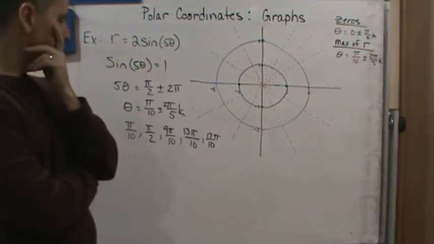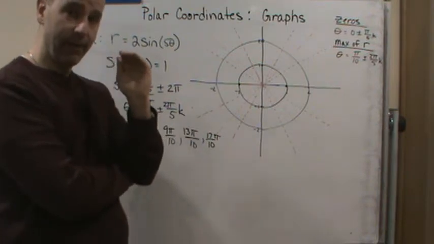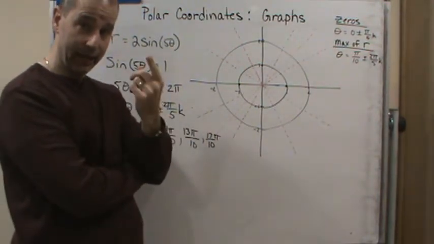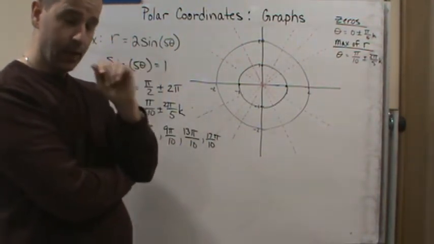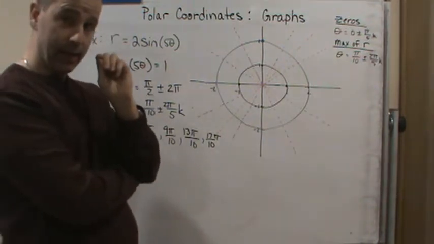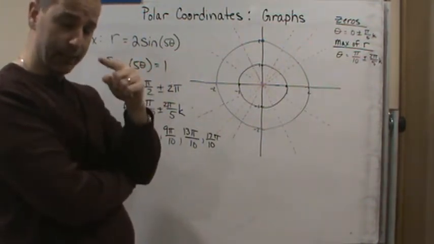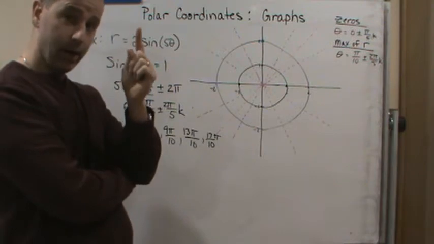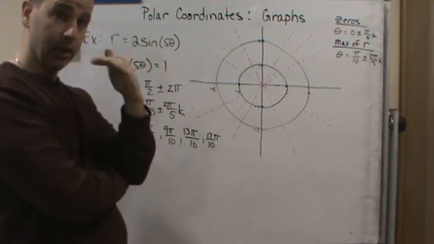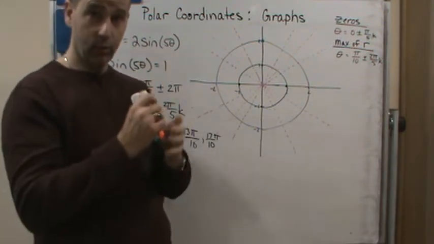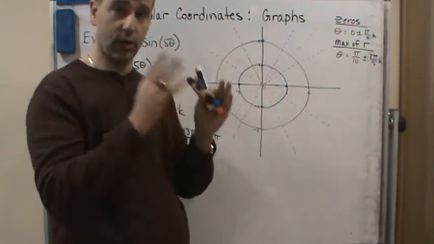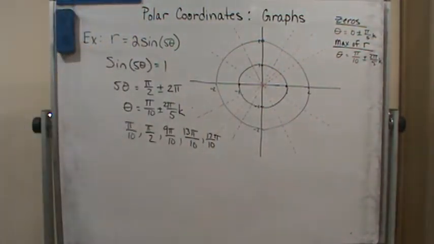It makes sense because if I divide 2 pi by 5, that's going to tell me what sector of the unit circle each petal lies in.